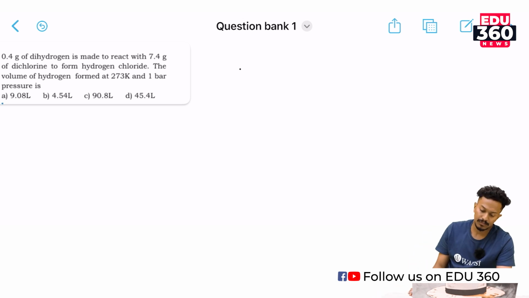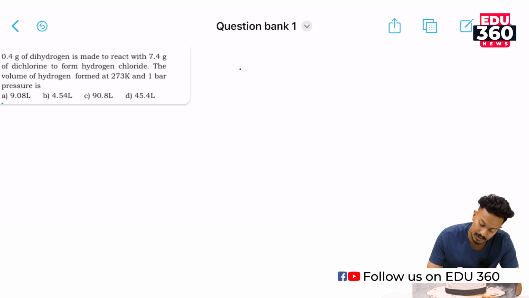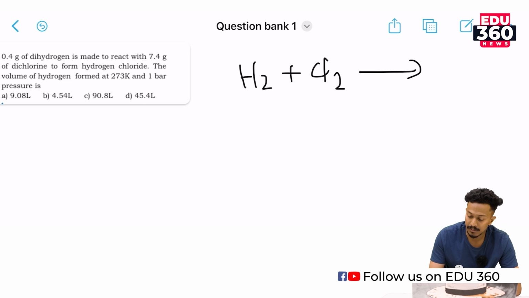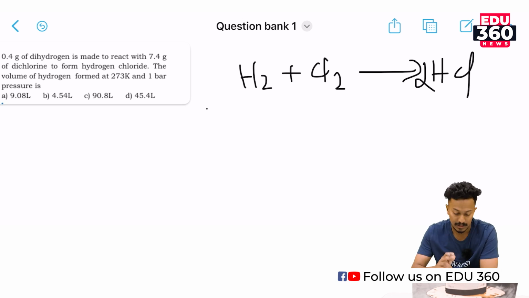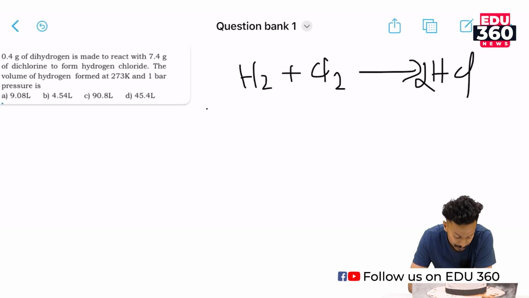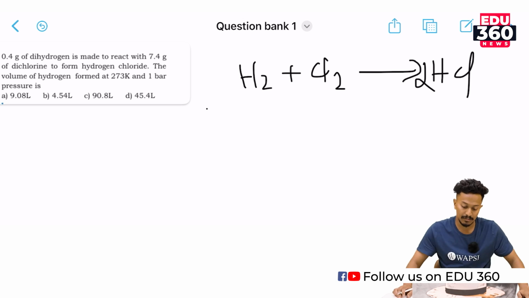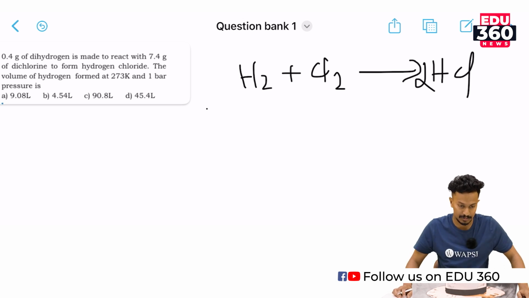When dihydrogen, which means H2, is treated with dichlorine, we get HCl, hydrochloric acid, 2HCl, right? So the balanced chemical equation is given, and we have to find out the volume formed, right?